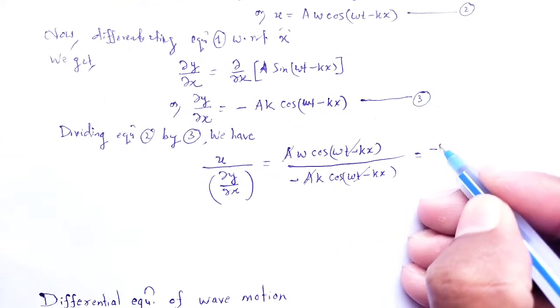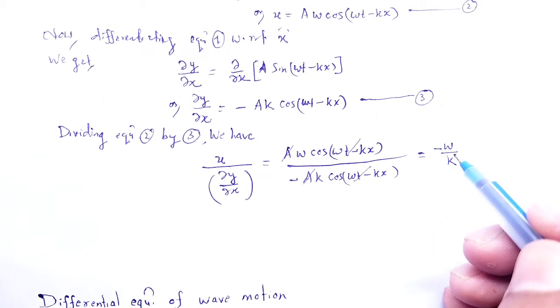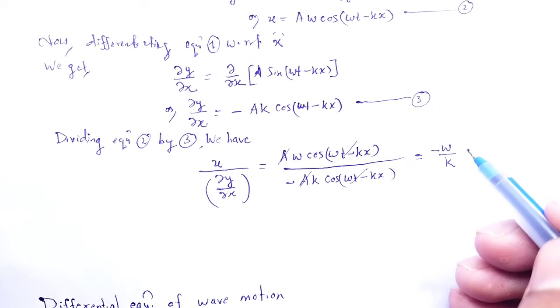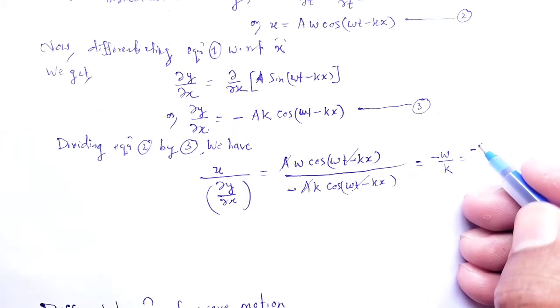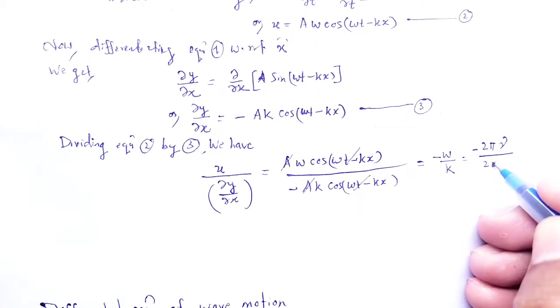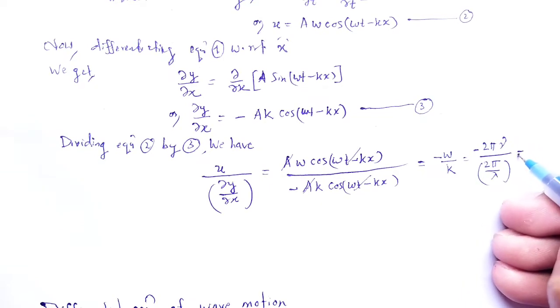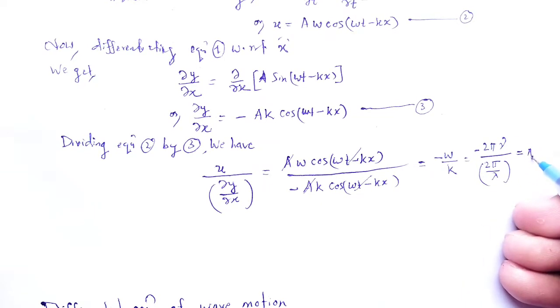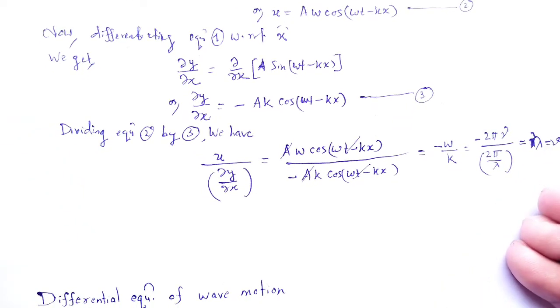Putting ω equal to 2πν and k equal to 2π/λ, on solving we get νλ, frequency into wavelength, that is the velocity v.